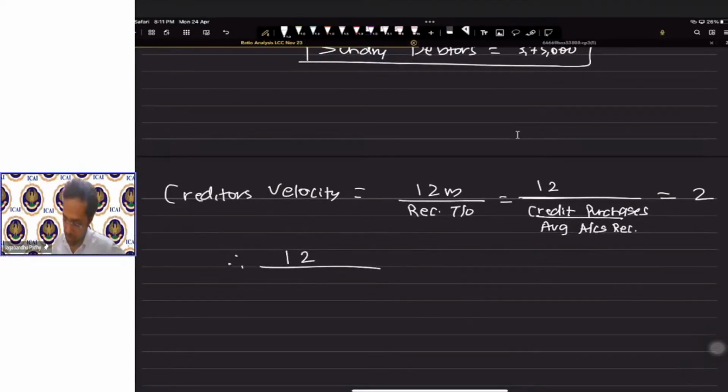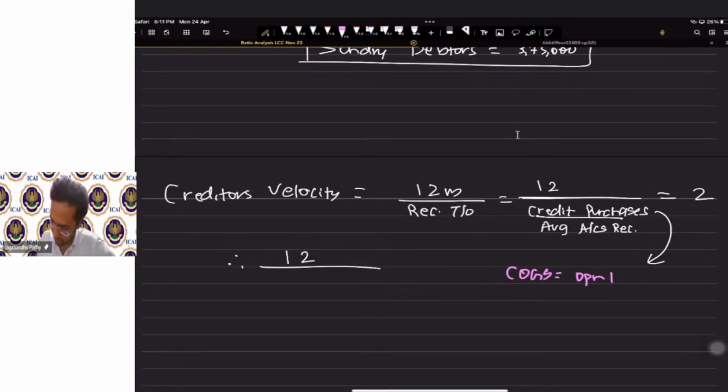I need to compute these credit purchases. How are we going to compute them? We know COGS is opening plus purchases less closing.